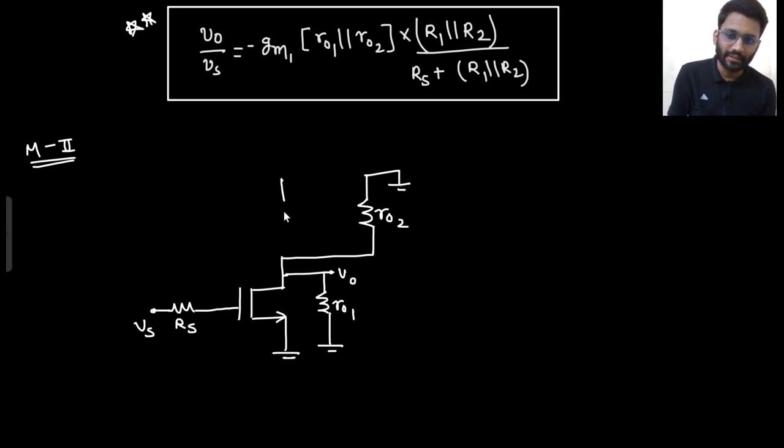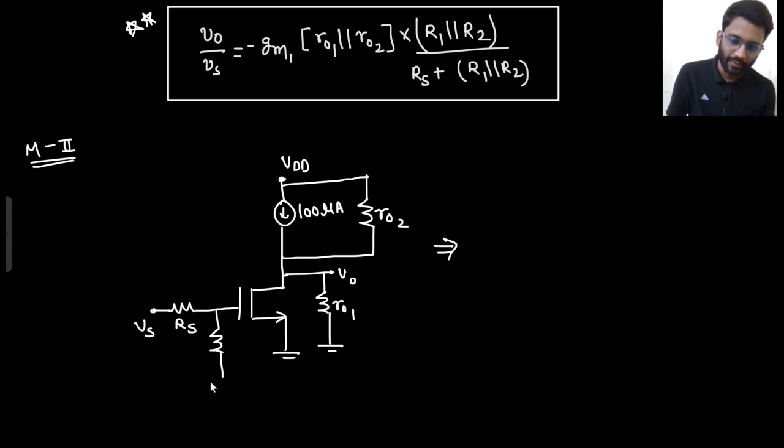So here I will just make the circuit once again. Here I will make the 100 microampere current source so that students will be comfortable. This is VDD and this R02 is connected like this. Then if you do the small signal analysis, this will be gone.